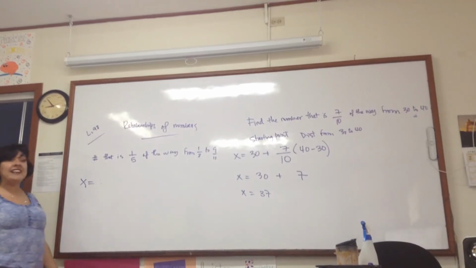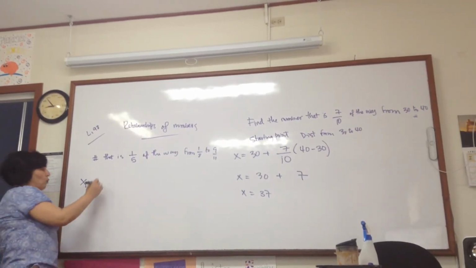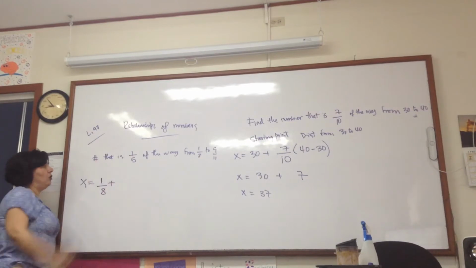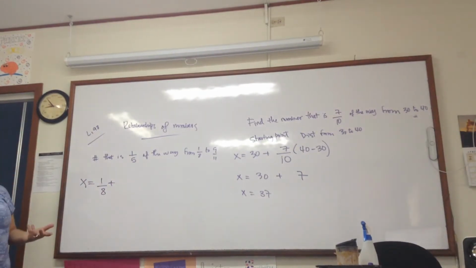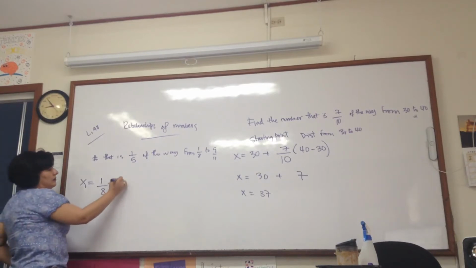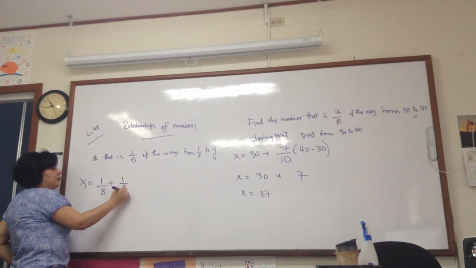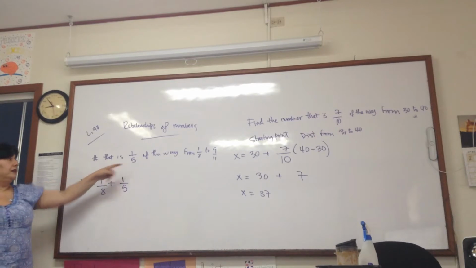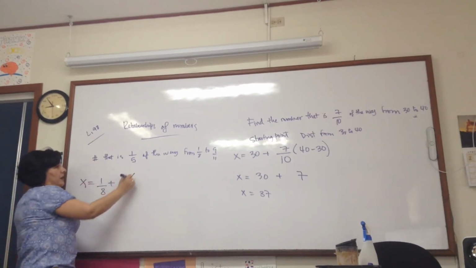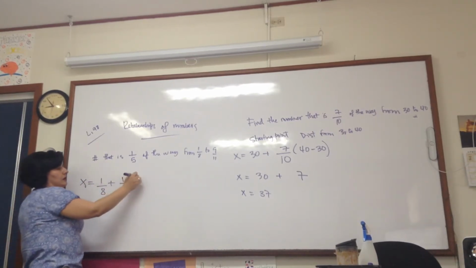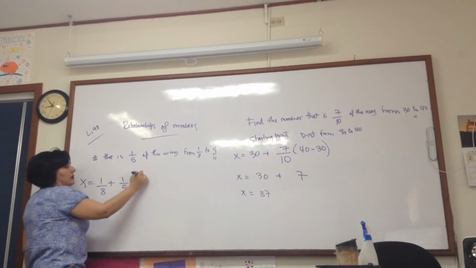And the starting point is 1/8. So the distance is 9/11 minus 1/8. But you've got to do it's 1/5 of the way.